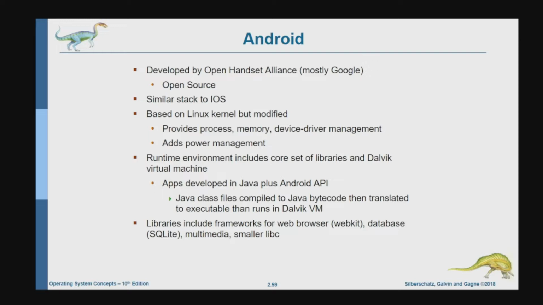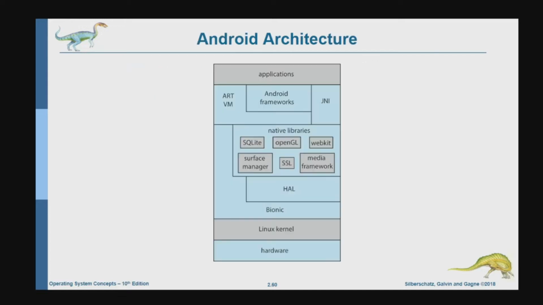The libraries include frameworks for the web browser, WebKit, the SQLite database, multimedia, and smaller libraries. It means it also allows you to have multimedia interaction and store data in the database. So this is for the Android.